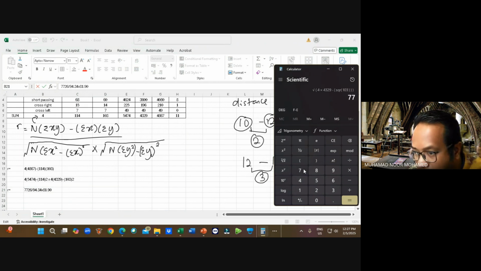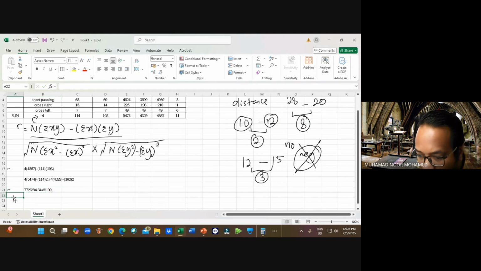We have 7726 divided by 94.34 times 81.90, close the bracket, and equal to 0.99.